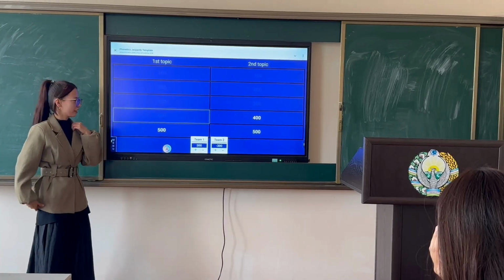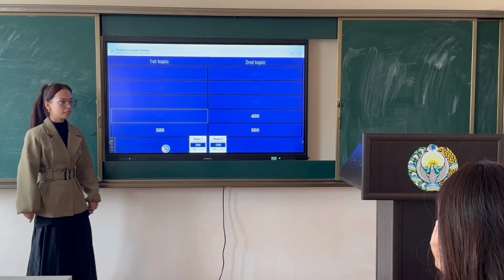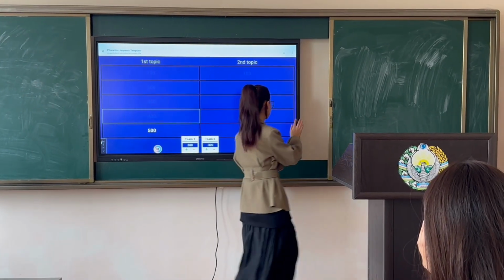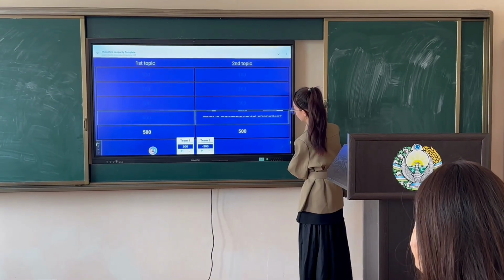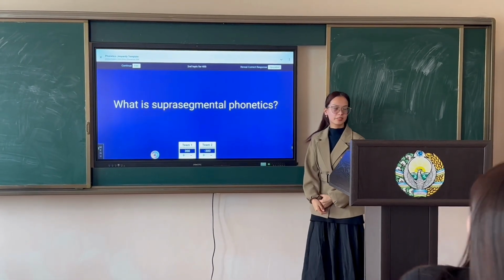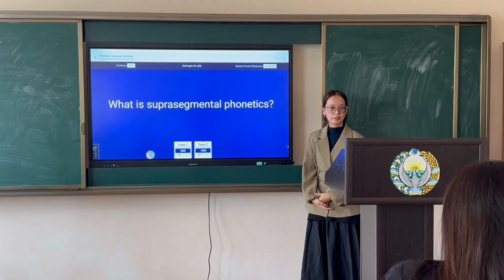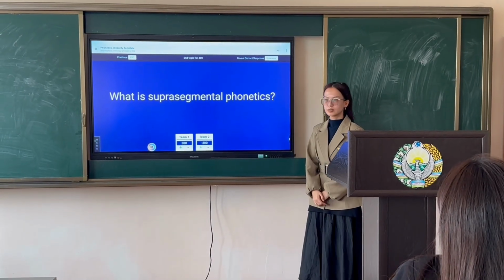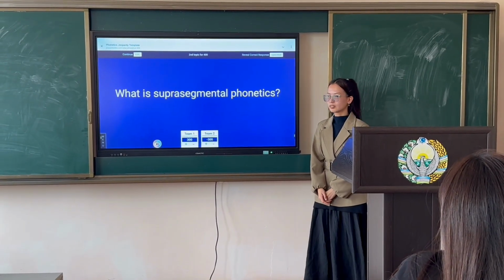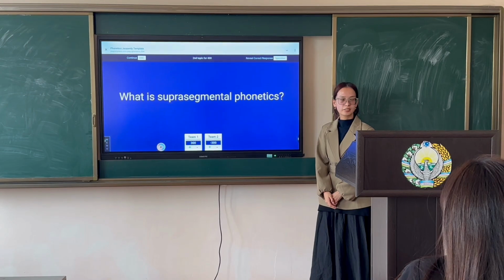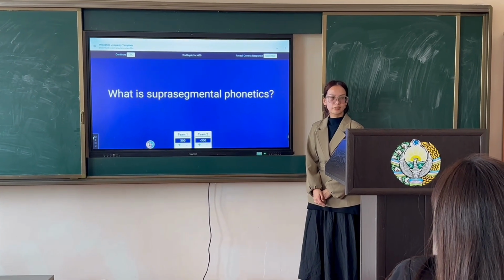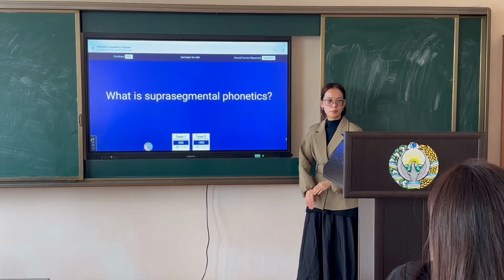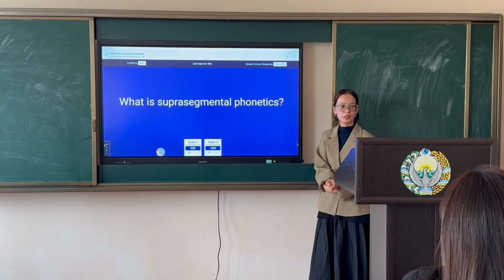So which one? Second row, be active. 400. So, suprasegmental. Segmental, it's about individual sounds. So, suprasegmental is about... once more.